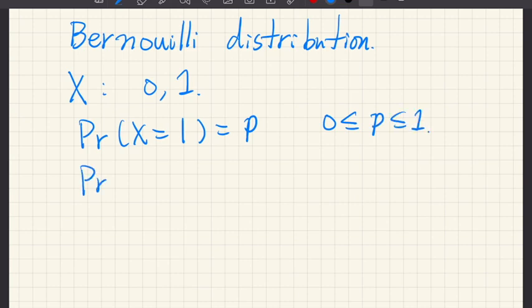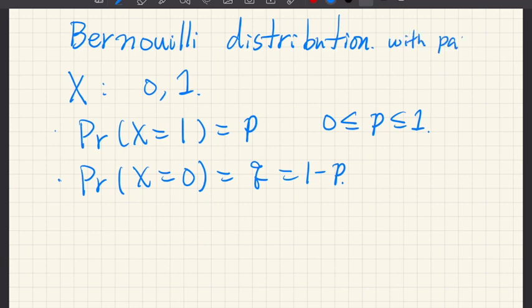And the probability of x having the value of 0 is q, where q is 1 minus p. So if you add this and this, it adds up to 1. So this is called the Bernoulli distribution with parameter p.